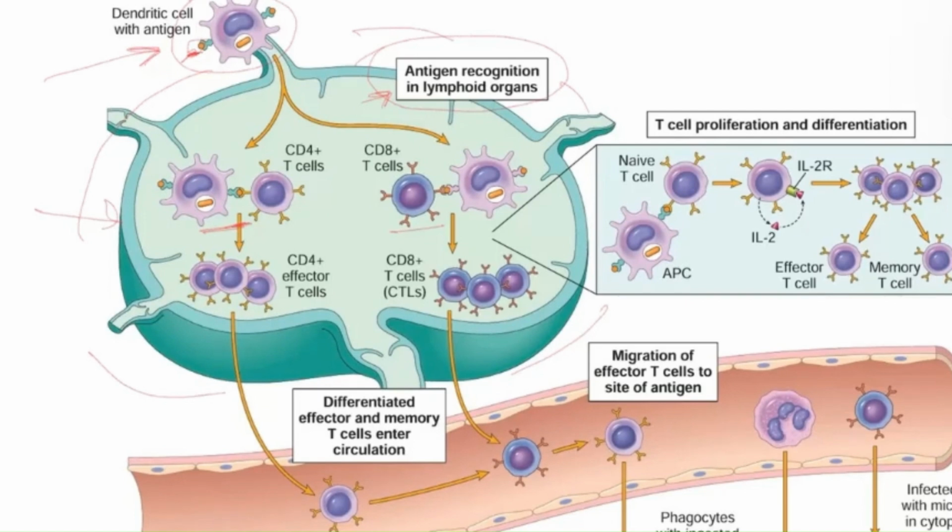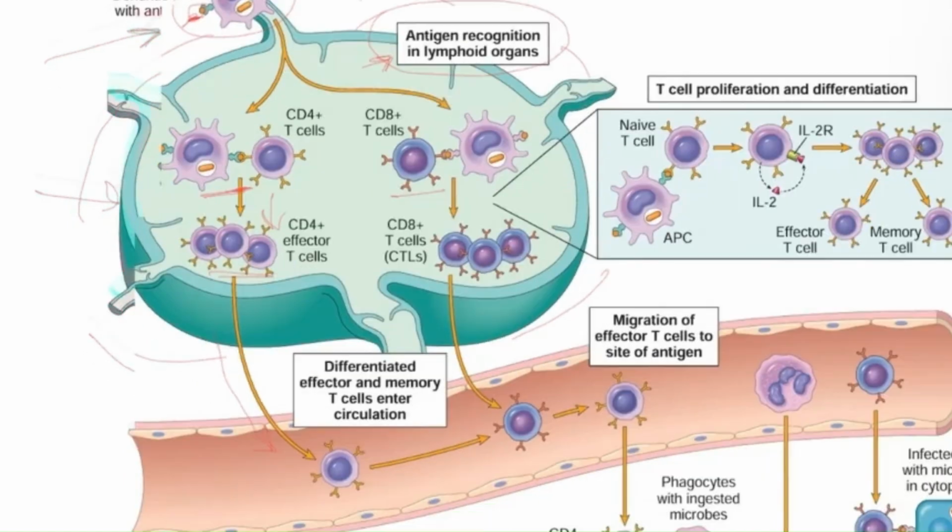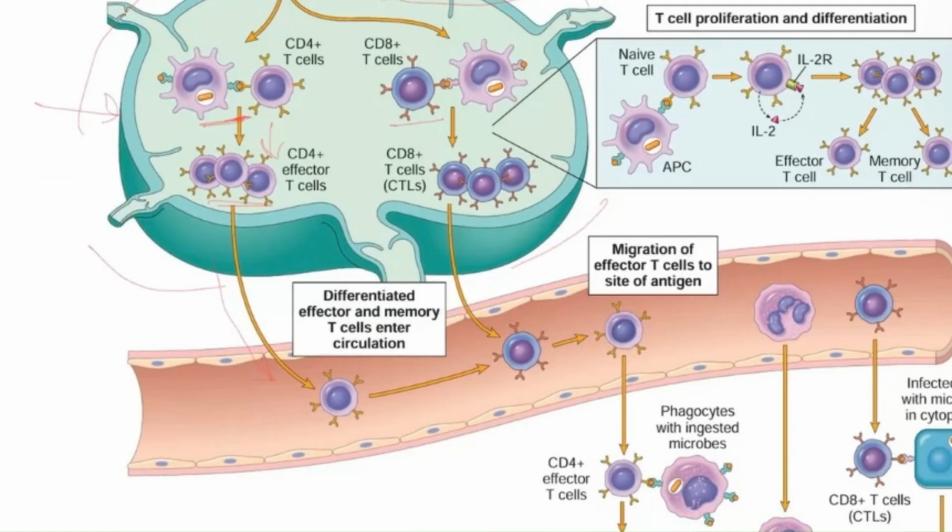Then you find a superior officer, the commanding officer who understands that message. You can imagine him like the CD4 positive T cell. That commanding officer will now become activated and then go out and migrate or stimulate other white blood cells.